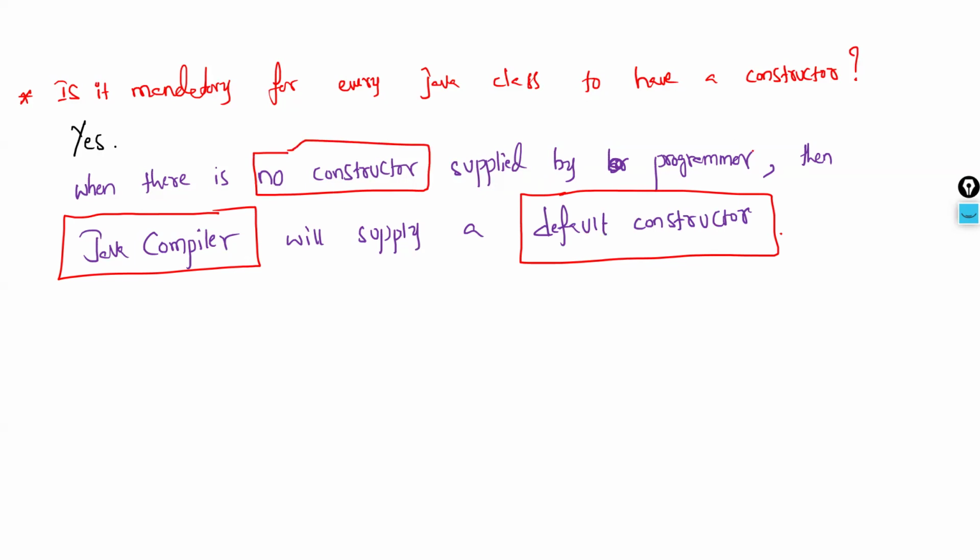When we give some constructor, the compiler will not do its job. When we don't give one, the compiler will do its job. So then, what is the syntax of the default constructor? For example, as a programmer, we are writing only one class, public class Cricket.